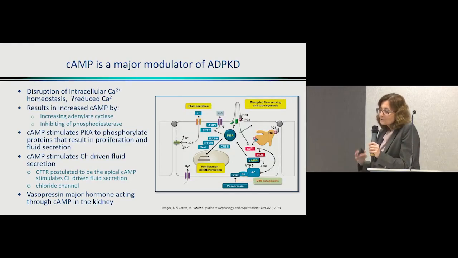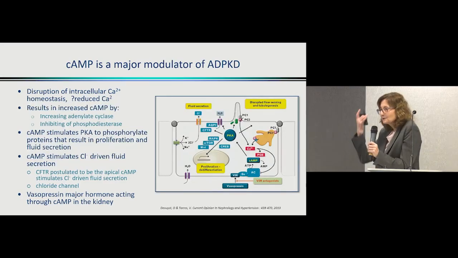And one of those very important proteins could be CFTR, which is postulated to be the apical cyclic AMP stimulated chloride secretion, which then drives fluid secretion into cells. And as it turns out, and this is really important, vasopressin, or antidiuretic hormone, is the major hormone in the kidney that has cyclic AMP as its second messenger.